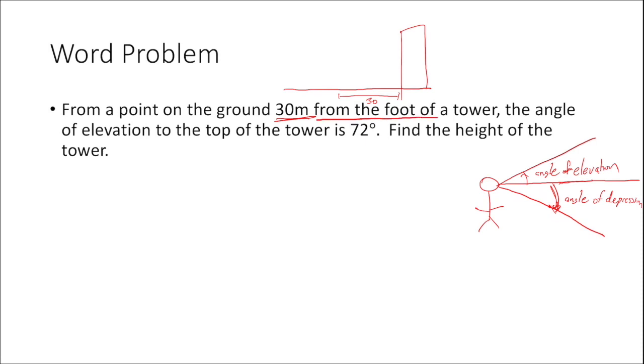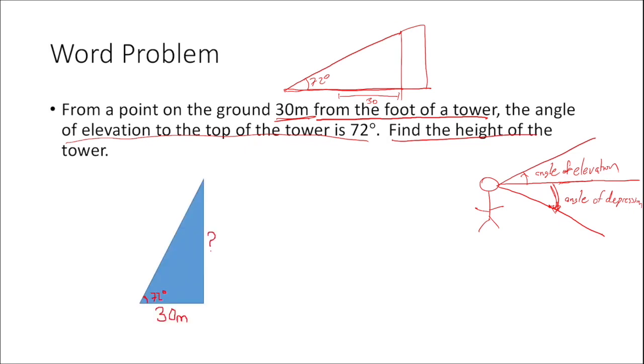So 30 meters from the foot of the tower, the angle of elevation to the top of the tower is 72 degrees. Find the height of the tower. Okay, basically that's my question. 72 degrees, 30 meters, what does that mean?